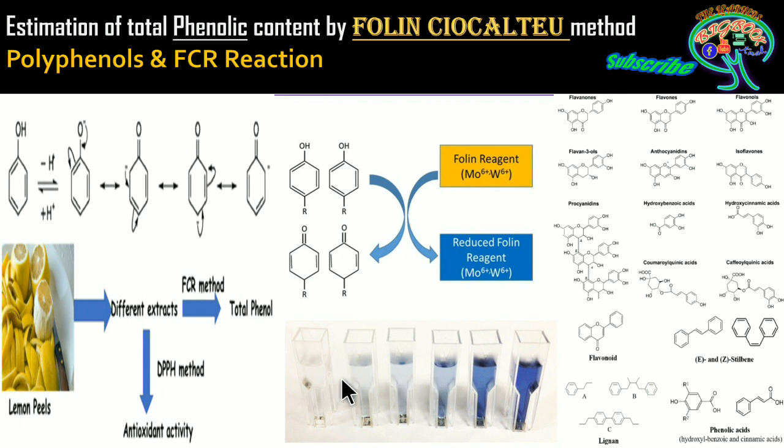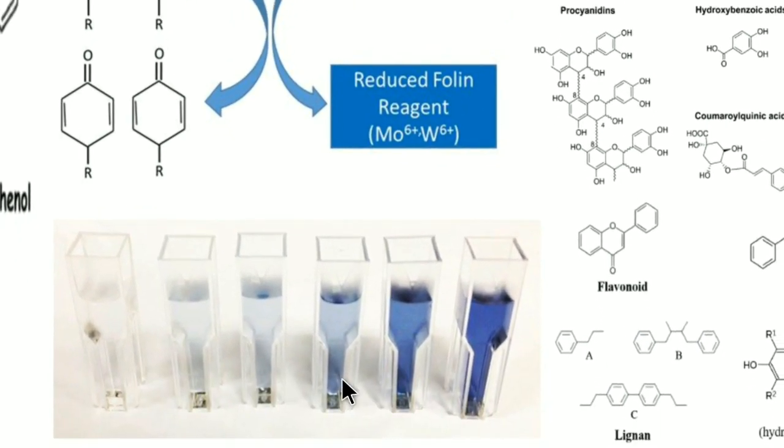Due to the presence of a larger amount of phenolic compound in the liquids after the reaction, there is an increment of the color intensity, which is directly proportional to the amount of phenolic content present in the sample.